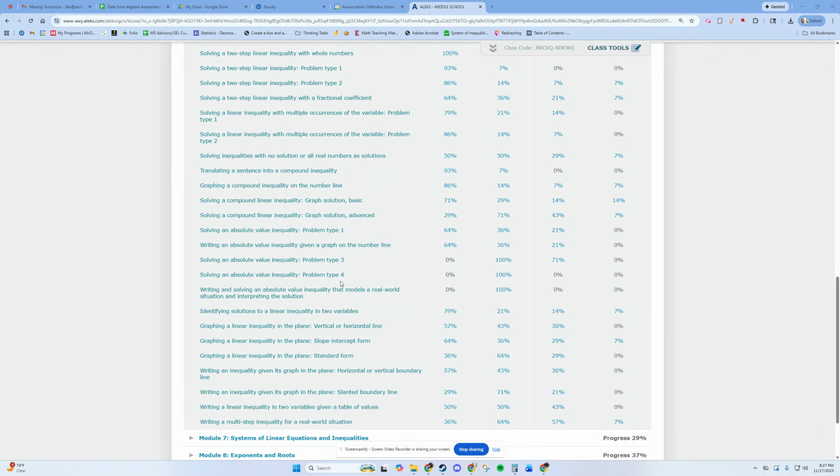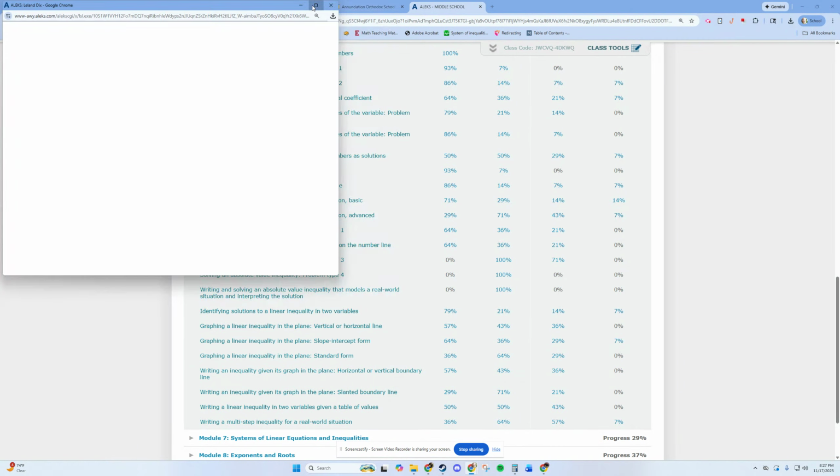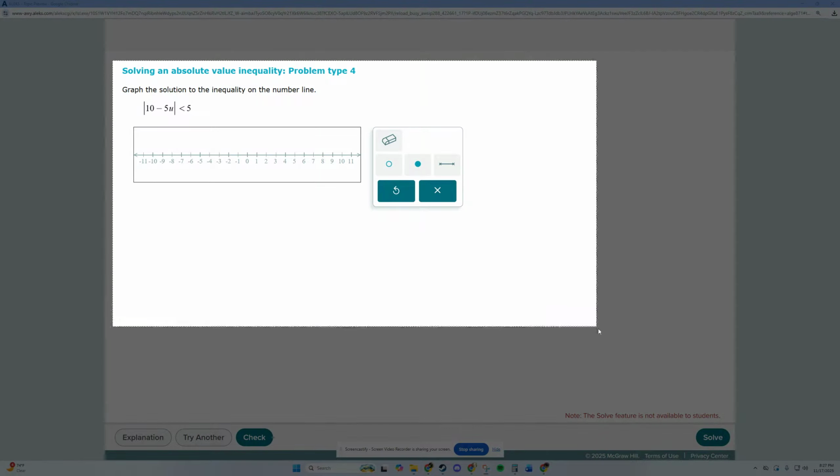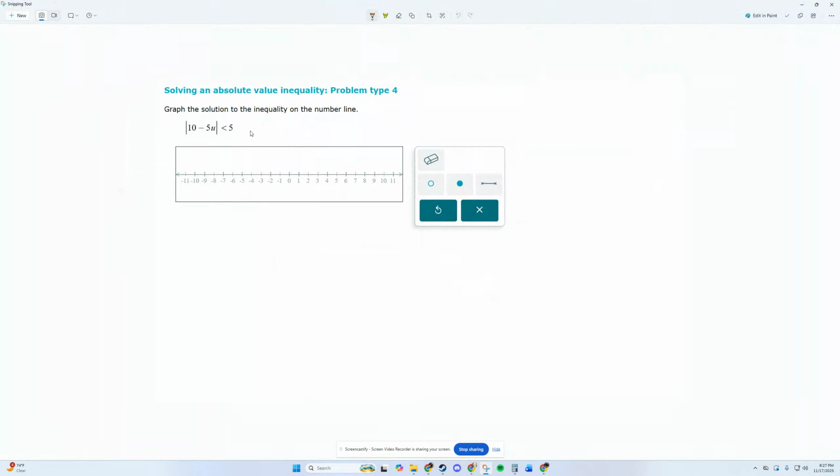Okay, let's try problem type 4. I don't know if this one is like a special case or what it is. Ooh, interesting. I just see that our coefficient is negative, right? So let's do case 1. 10 minus 5u is less than 5.